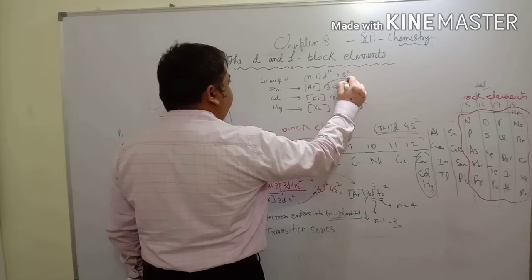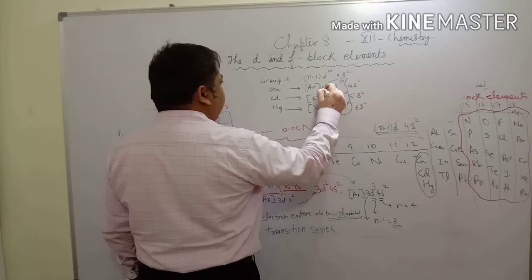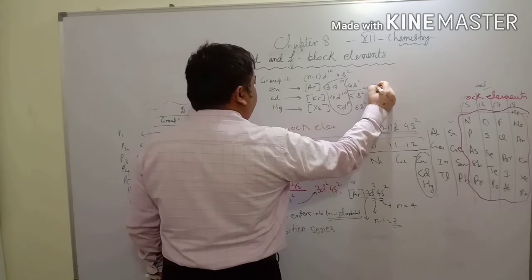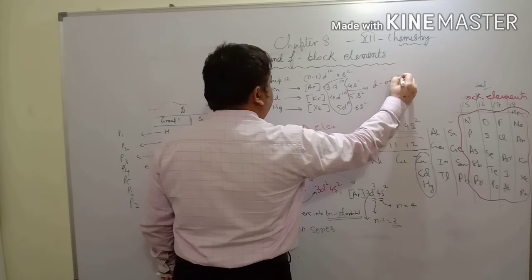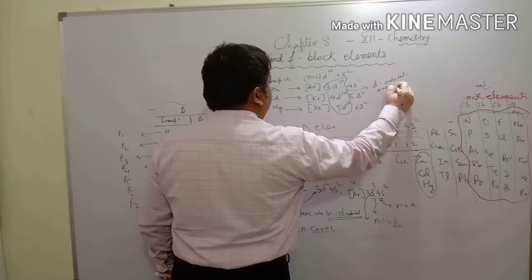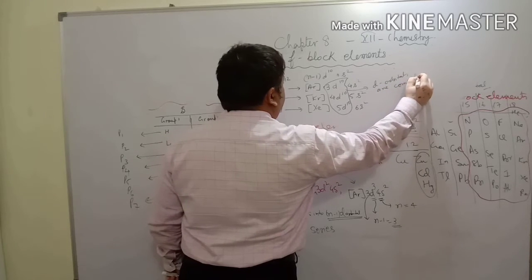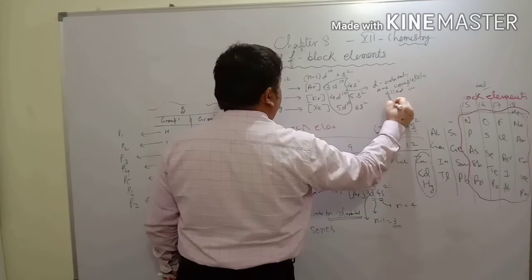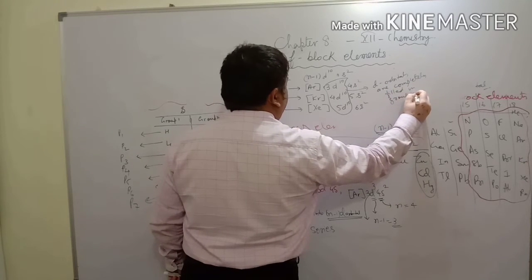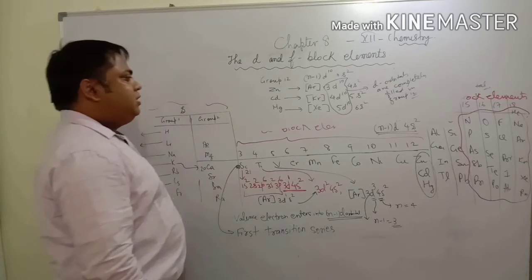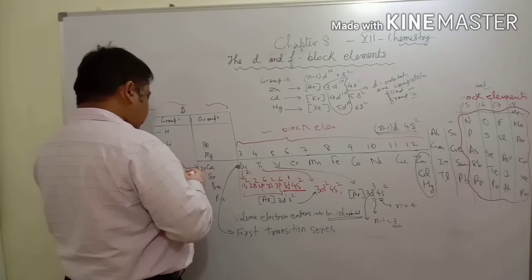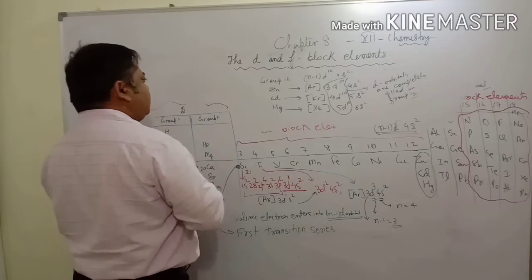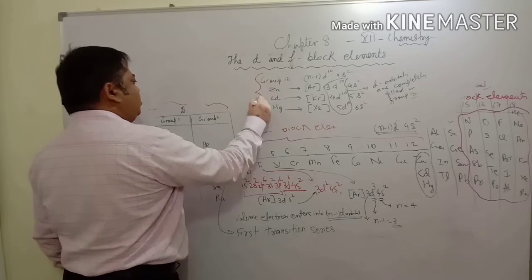So the d orbitals are completely filled in group 12. So they do not undergo transition and hence they are called pseudo transition elements.